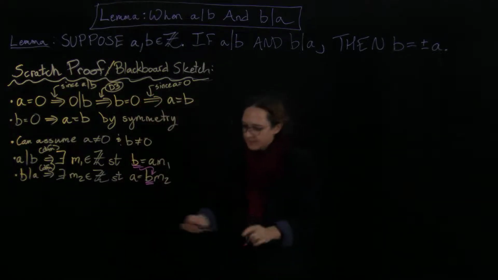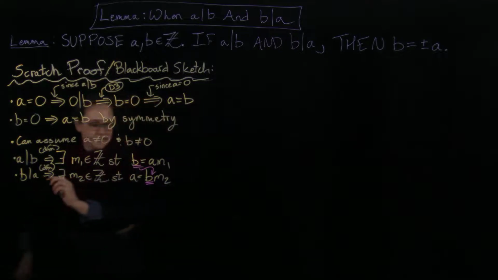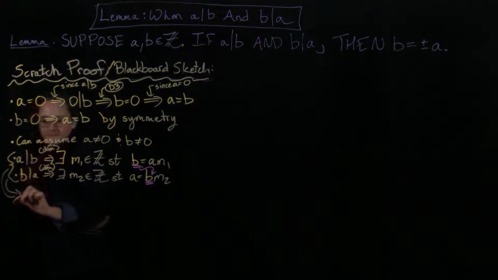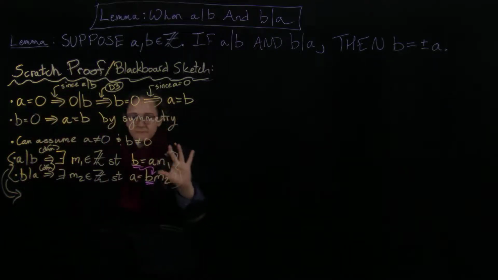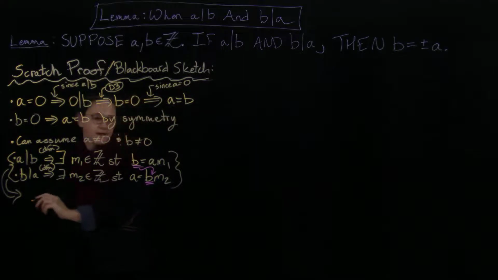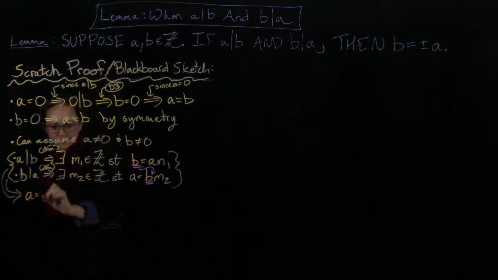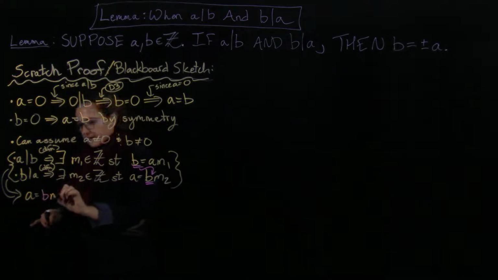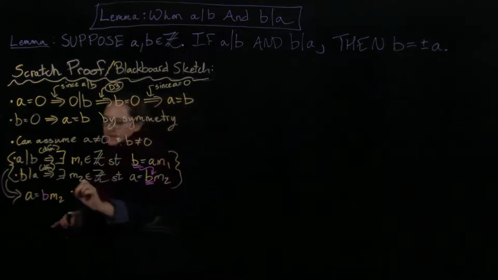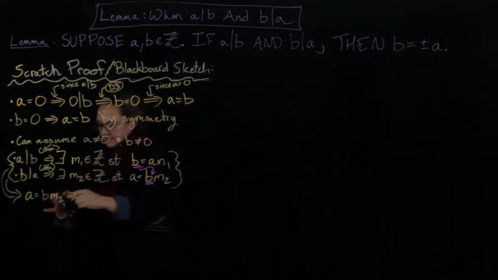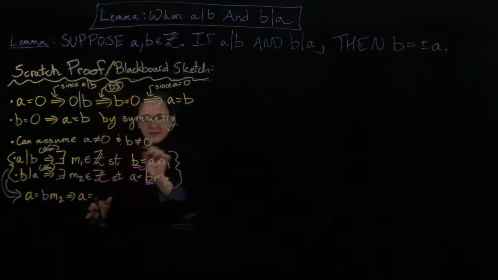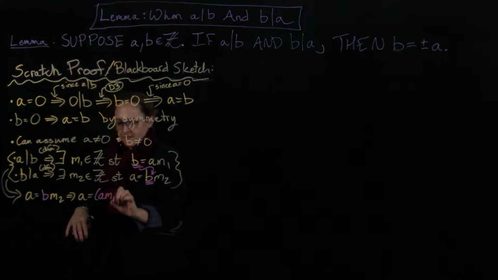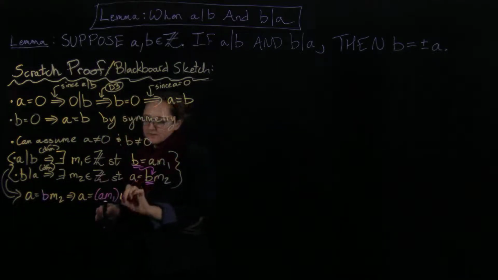So these two together imply that A equals B M2, and now I can put in A M1 for B, so I have A M1 M2.